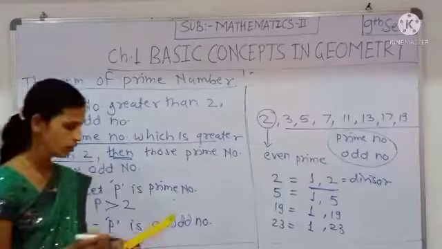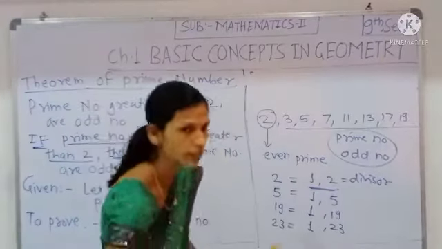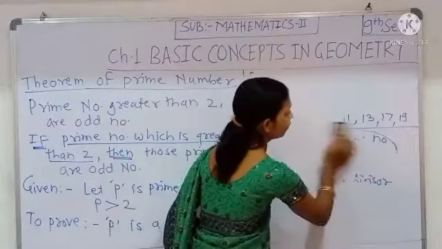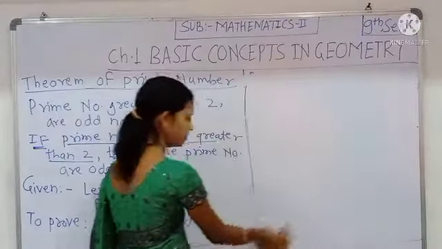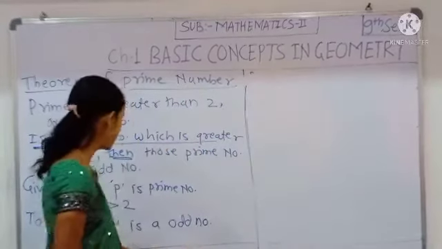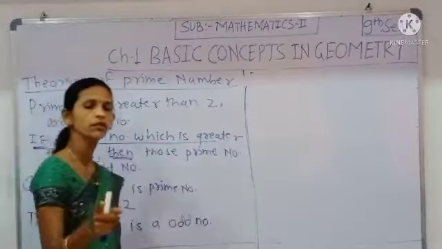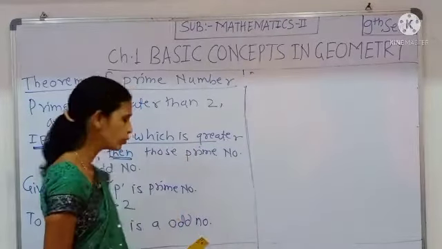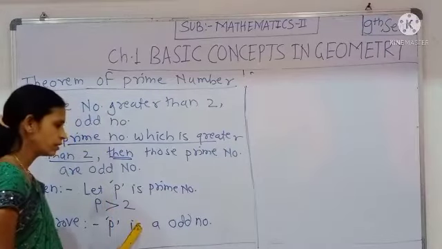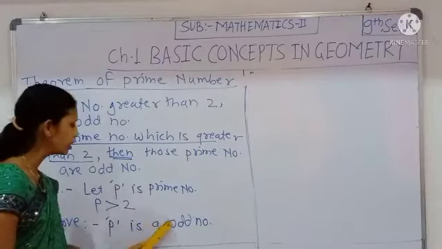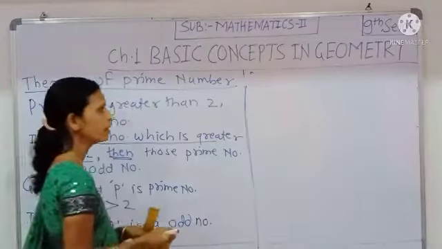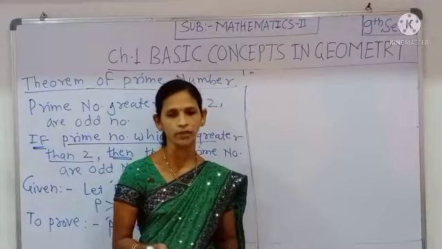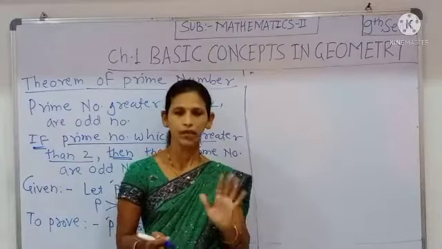Then considering one of the prime numbers which is greater than 2, that is here P. We have considered P is a prime number as well as greater than 2, and we have to prove that P is odd. Then see here, we have to prove this property by indirect method.